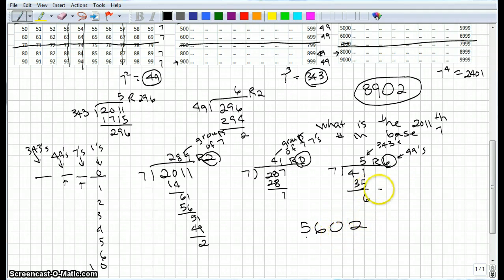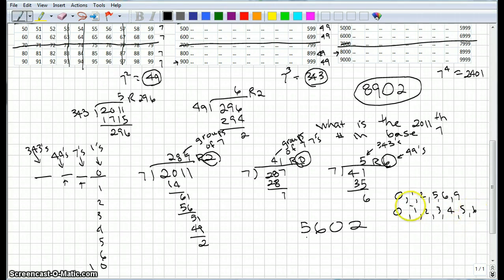But you notice that doesn't match the number we had before. That's because I've made a translation here, okay? Now, the numbers that we can use are 0, 1, 2, not 3, not 4, we can use 5, we can use 6, not 7, and we can use 8 and 9. But when I converted this to base 7, I just used the normal digits, 0, 1, 2, 3, 4, 5, and 6.